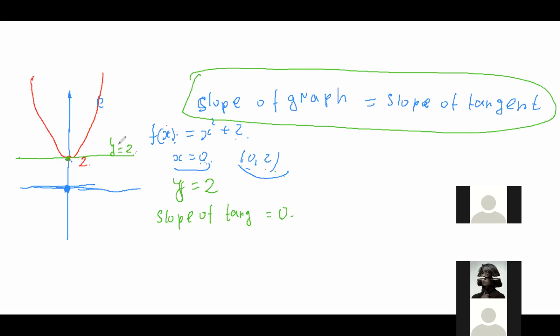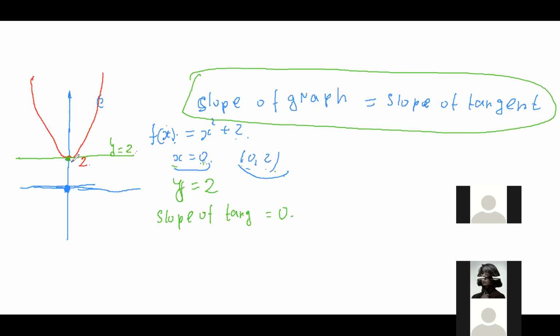But now I want to find the slope of the tangent line, not at this point, y equals 0.